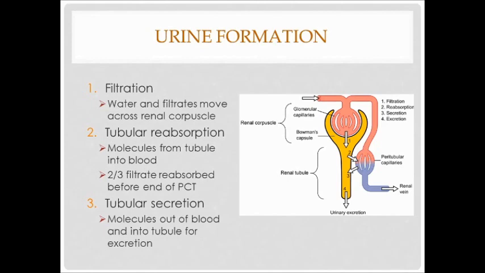We put things back into the blood that our body needs, different nutrients. The distal convoluted tubule is going to take any molecules that are not needed in the blood and send them into the collecting duct, where they will continue on to be excreted in urine.